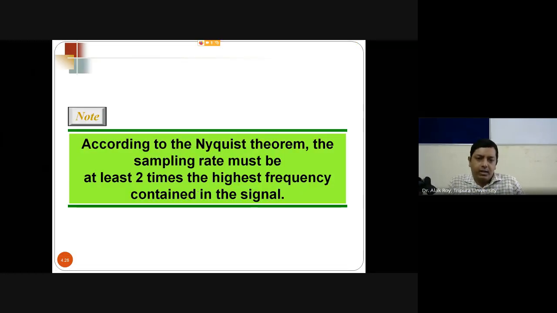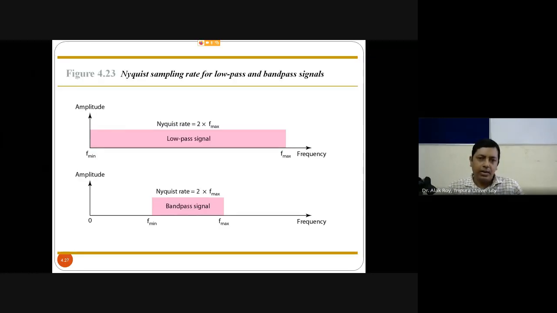So there is a note for you. According to the Nyquist theorem, the sampling rate must be at least 2 times the highest frequency content in the signal. Nyquist sampling rate for low pass will be 2 times the highest frequency, and for band pass also it will be 2 times the highest frequency, as said in this slide.